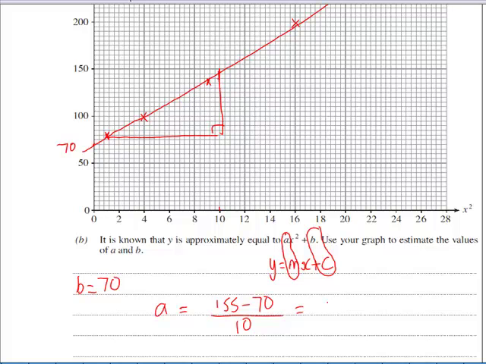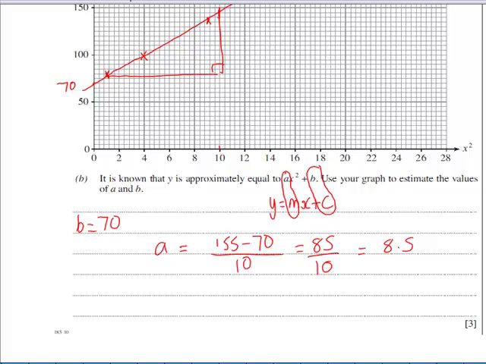Well, 155 take away 70 is 85, and 85 divided by 10 is 8.5. So therefore, the equation of this line is y equals 8.5x squared plus 70.